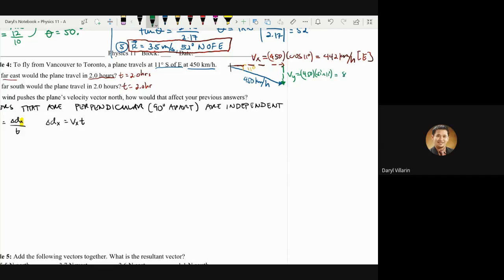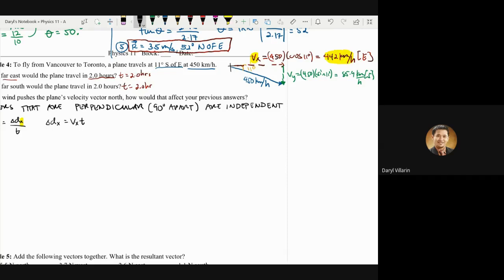That is 85.9 kilometers per hour south. Instead of using a negative or positive sign, I formally use the different directions, south and east.